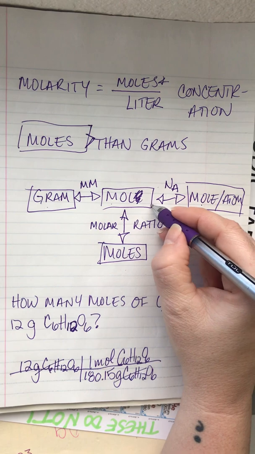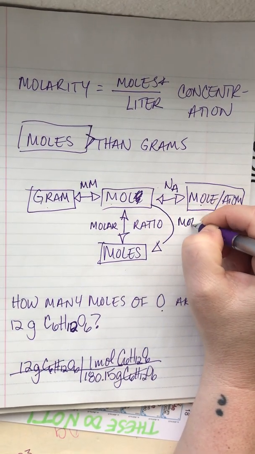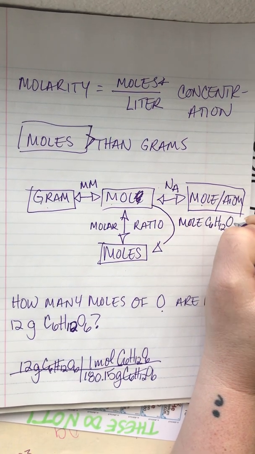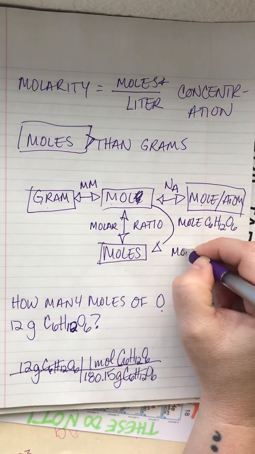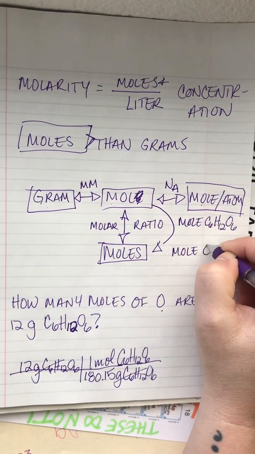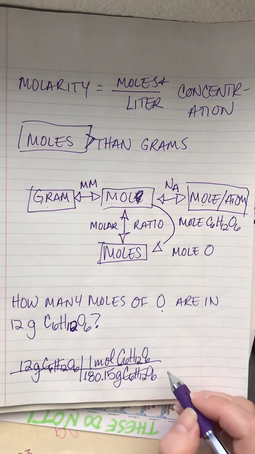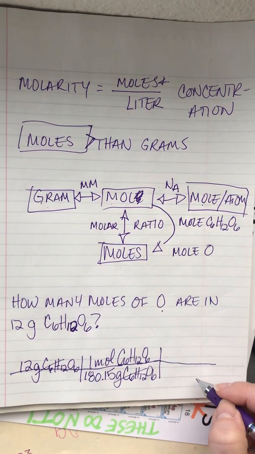So now I want to go from moles of glucose to moles of oxygen. So what needs to go on the bottom here?